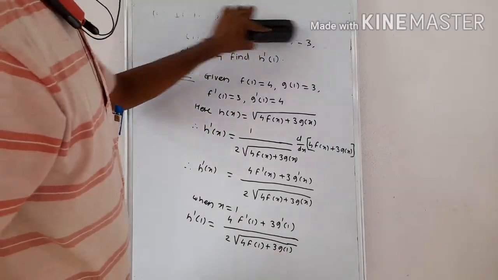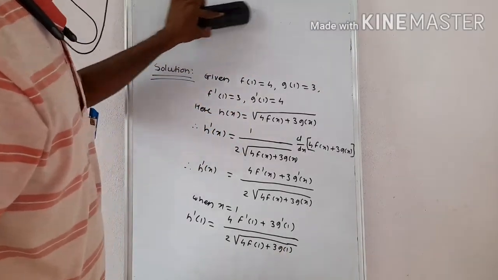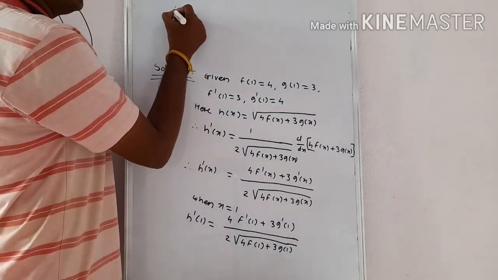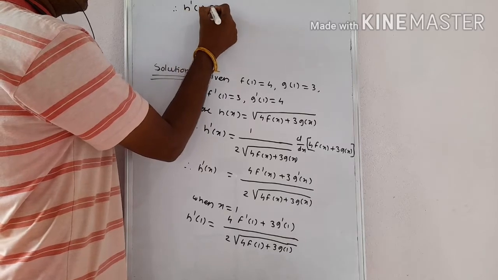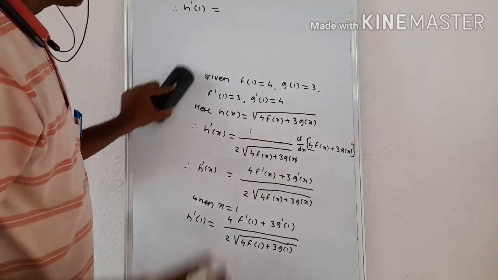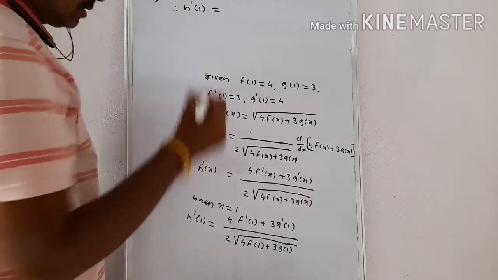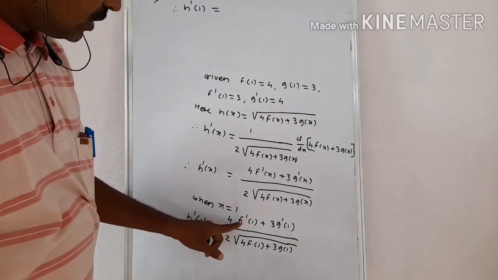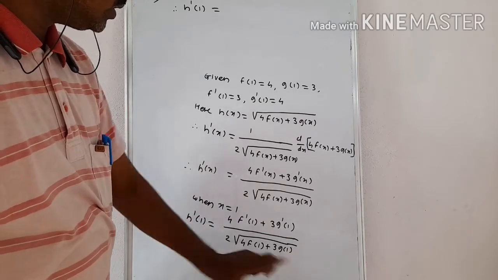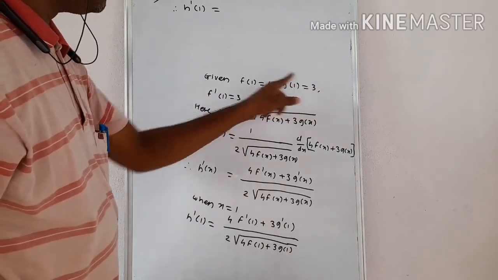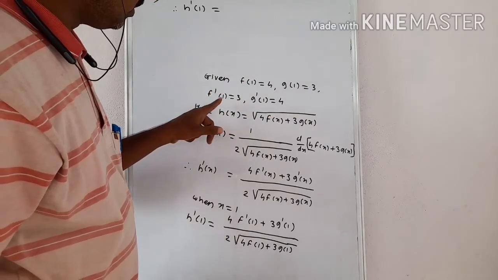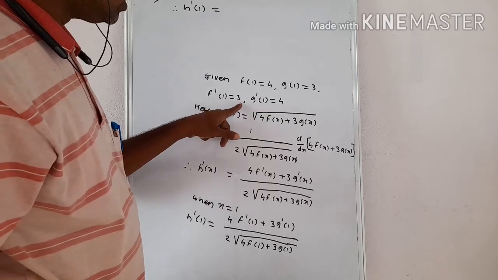Now to calculate this, we have to substitute f dash of 1, g dash of 1, f of 1 and g of 1 by using the given values. First we substitute the value of f dash of 1. What is the value of f dash of 1? The value of f dash of 1 is 3.